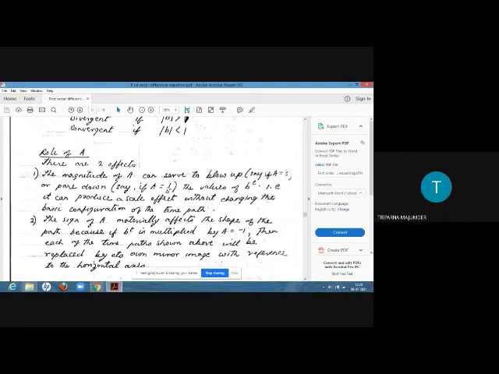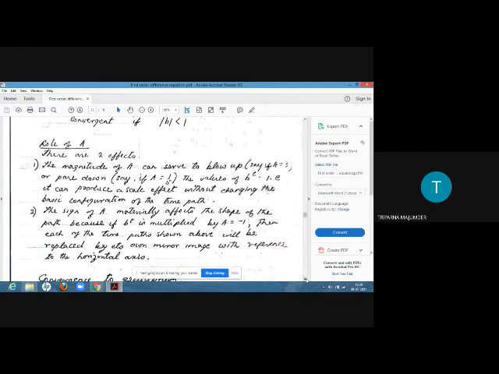First, the magnitude of A can serve to blow up, say if A is equal to 3, or pare down, if A is a fraction, the values of b to the power t. That is, it can produce a scale effect without changing the basic configuration of the time path.